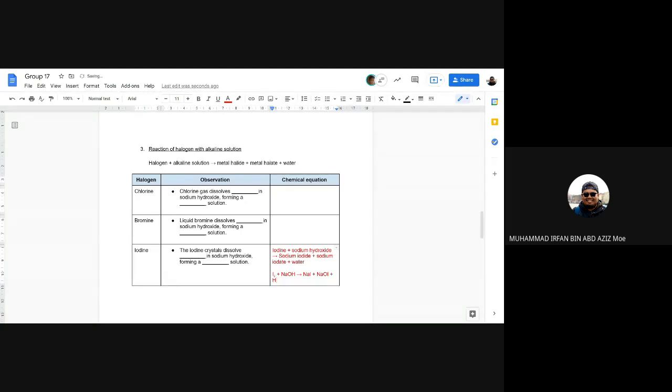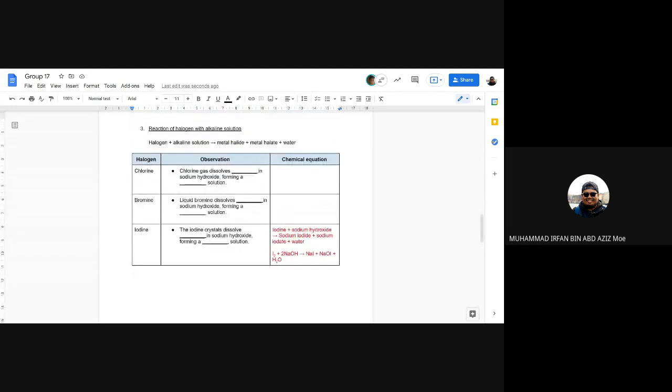Don't forget. And then kena balance lah. You have to balance the coefficient. Untuk ni just substitute je lah nanti ya. Just copy this, but substitute the iodine with bromine and chlorine. Just substitute with I, Br and Cl.